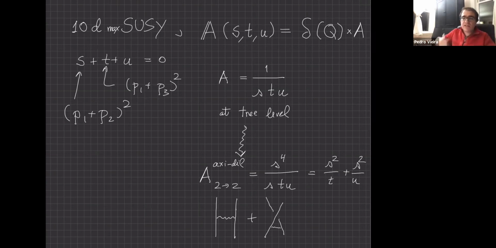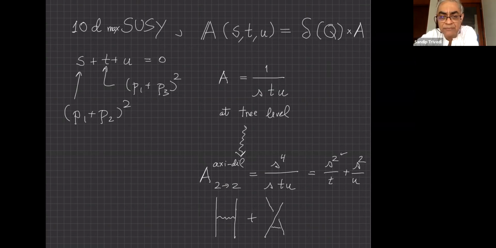Here, the axidilaton is charged, so there's no annihilation, no exchange in the S channel. There's only T channel and U channel. And they are just exchanging a graviton, which you see by this power 2 here. Okay, so this would be an example at tree level. So you take this 1 over STU, and now you take different components of the delta function to extract gravitons, axidilatons, and so on, all the supermultiplets, right?